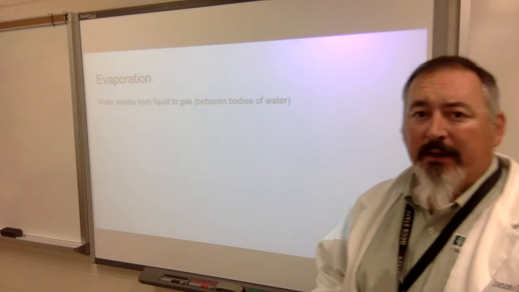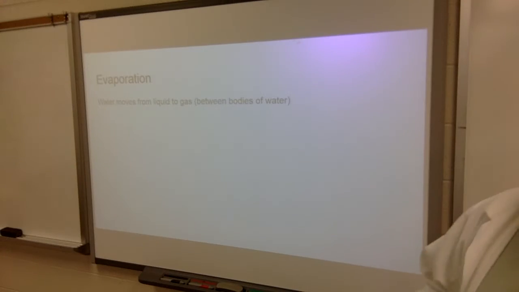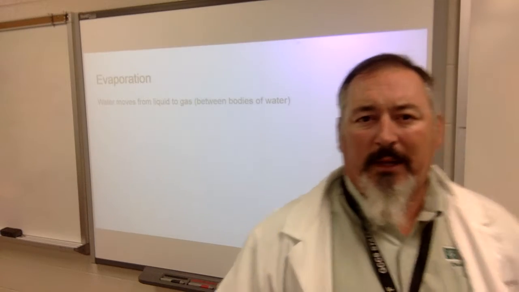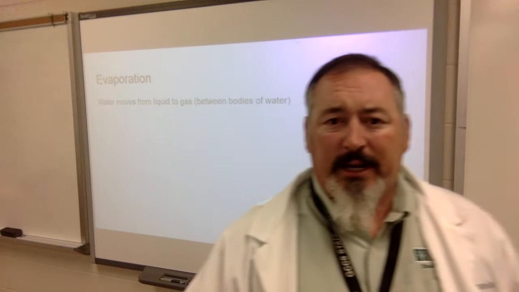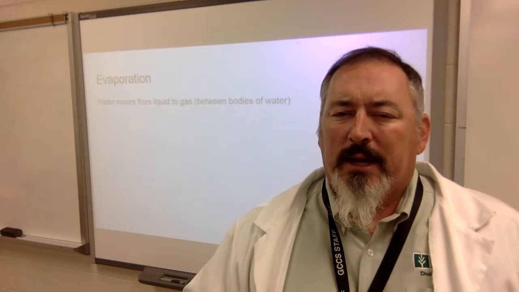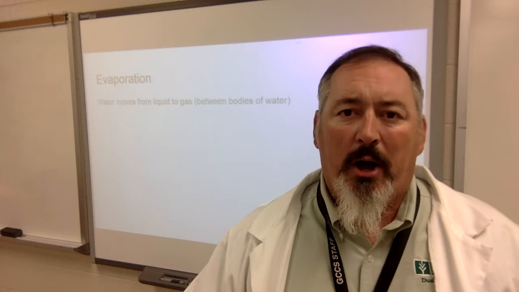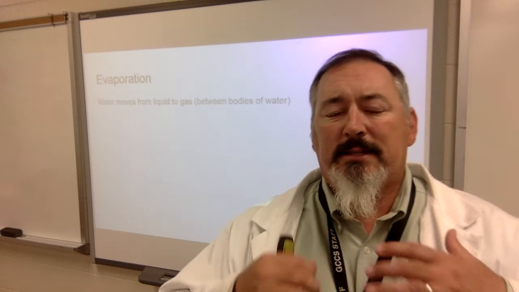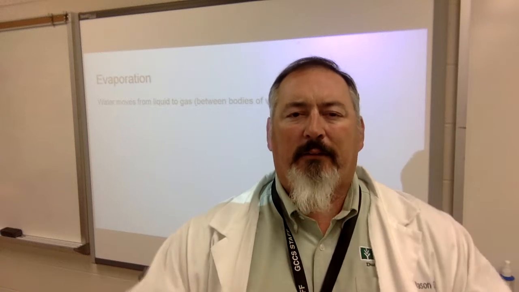Next, we're going to have evaporation. Evaporation is the movement of water from liquid to gas, and it's going to do this from a body of water. Let's say we have an ocean, a pond, a lake. This is losing water. The sun is shining down, and it's going to be evaporating off.